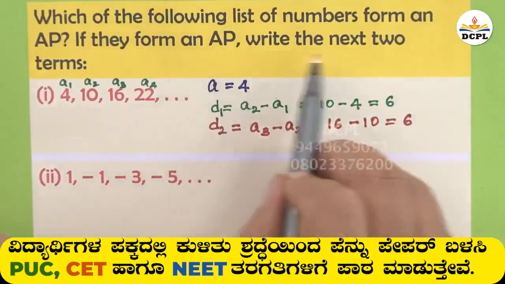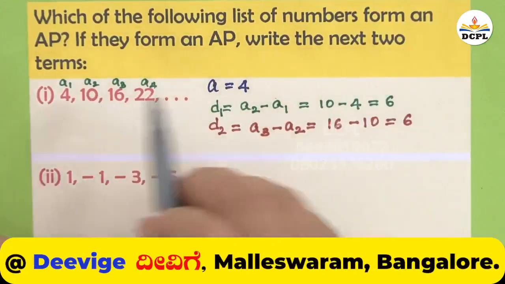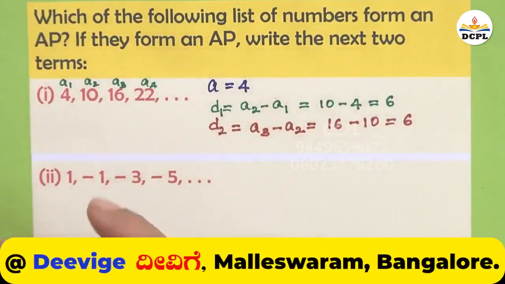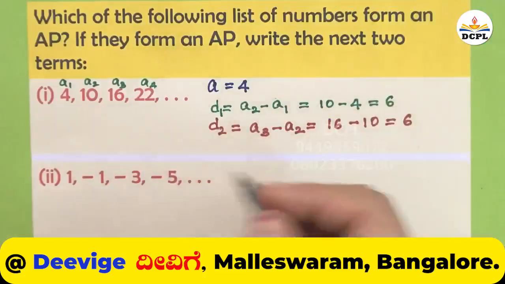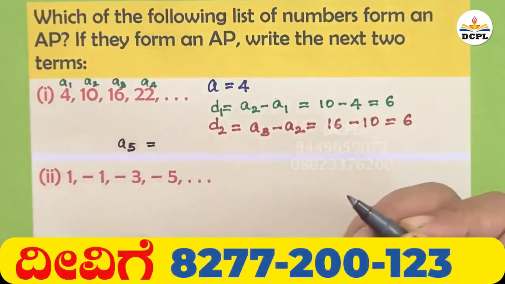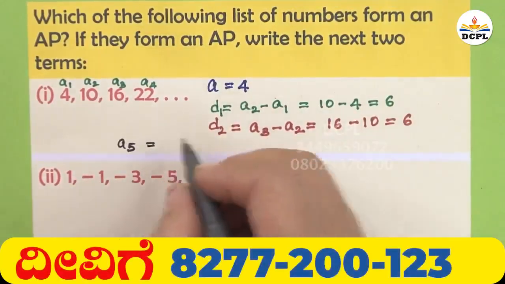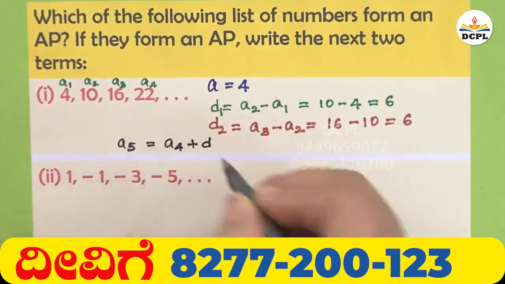Now let us proceed to the second part of the sum, which asks us to find the next two terms. They have given the sequence till A4, so they are asking us to find A5. How do you find A5? A5 is found by the previous term plus the common difference.